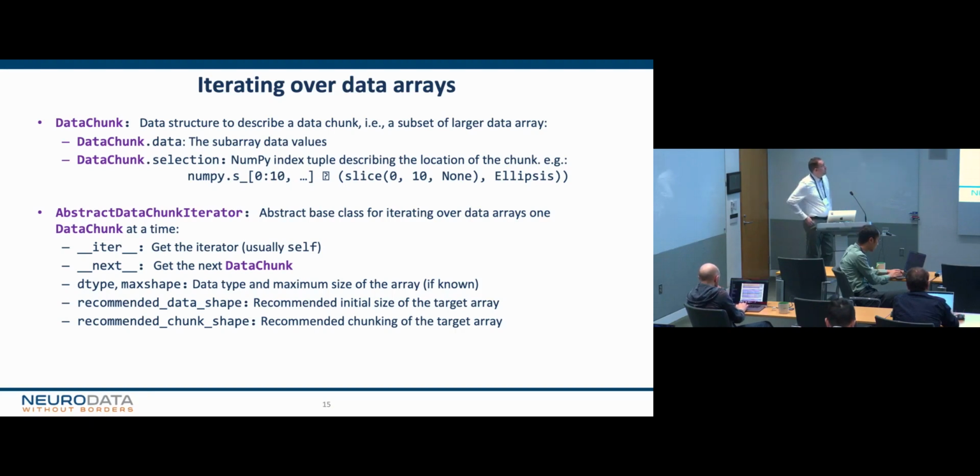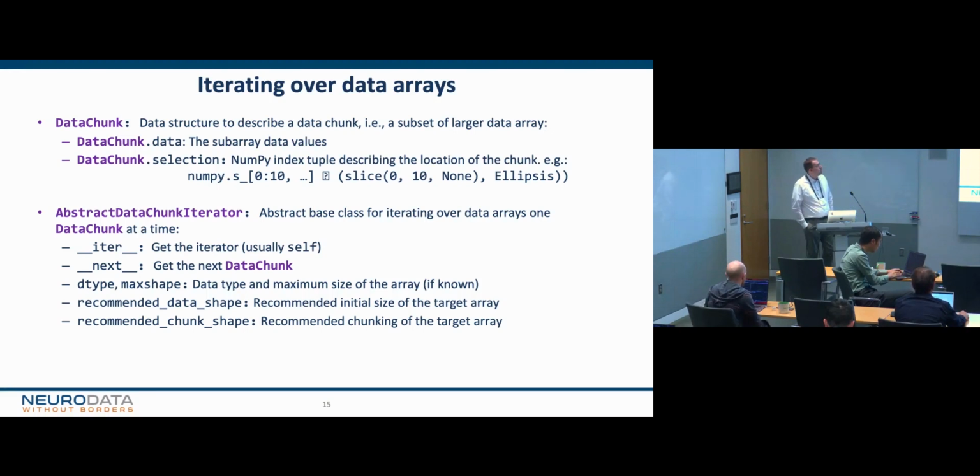The way it works in PyNWB is you have a data structure called DataChunk, which describes the location of a data block in the file. It contains the data, which is just the values of that subarray, and then it has a selection attribute, which defines the NumPy selection, so you can locate that chunk inside the array where it should be going.